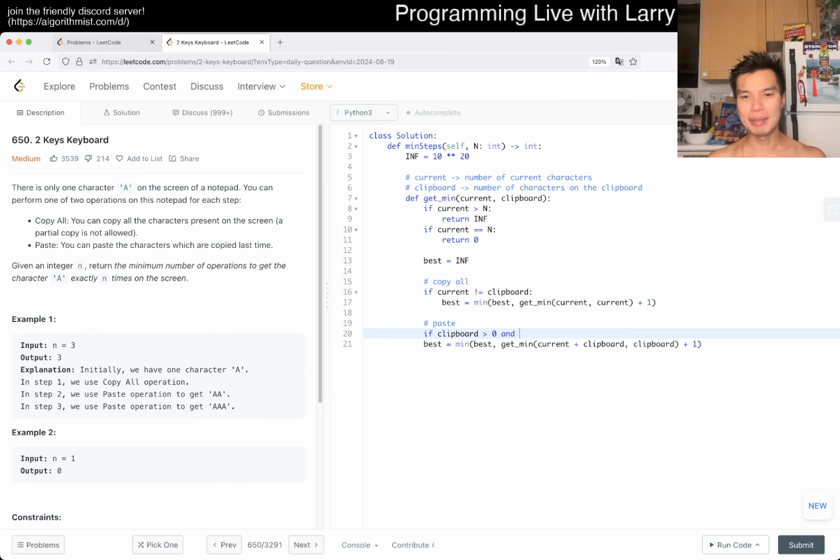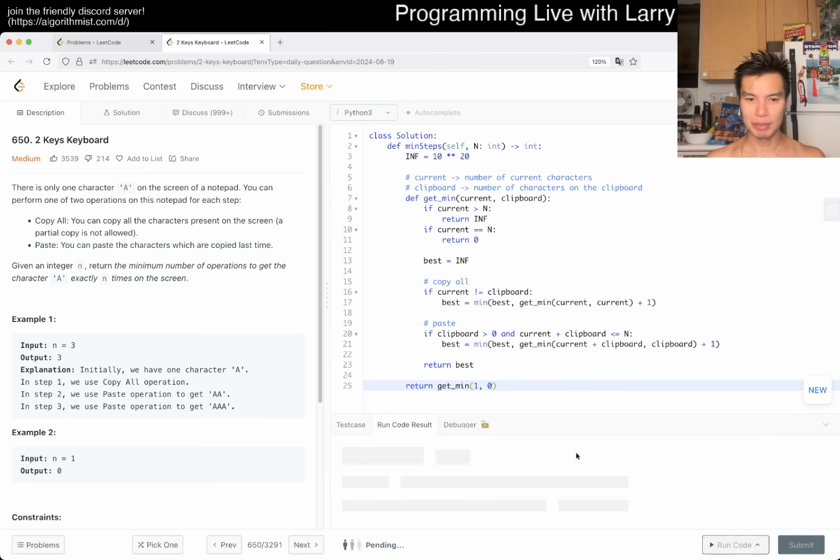And also maybe current plus clipboard is less than or equal to n. I know that this gets checked, but it does save us a slight function call. Otherwise we return best, and hopefully this should be good. So we return get min, we start at 1, we start at 0 for the clipboard. Of course we have to memoize, but we'll see if it works with small numbers first.